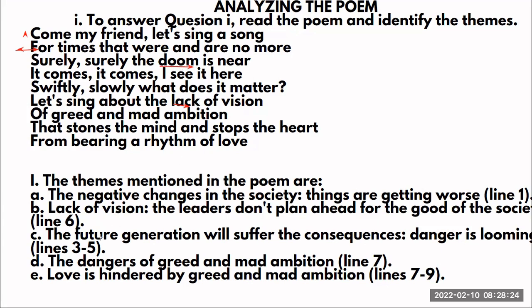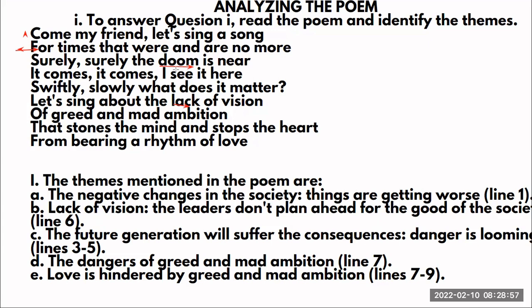What we are looking at is the future generation, the possibility of their suffering the consequences of the danger that is looming. Or you can simply say the theme of doom or the theme of an approaching danger.